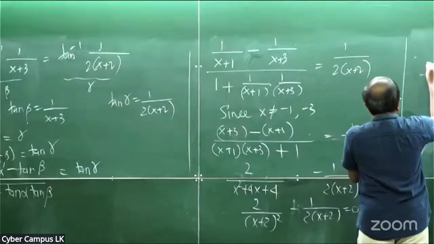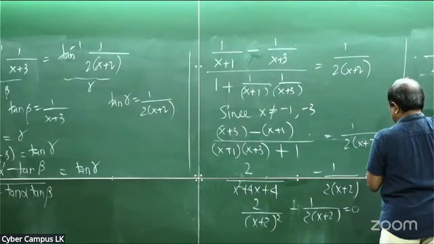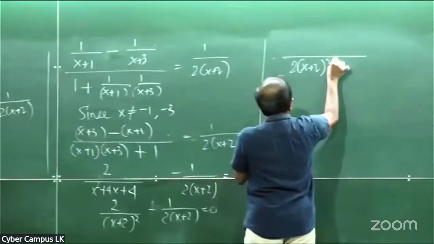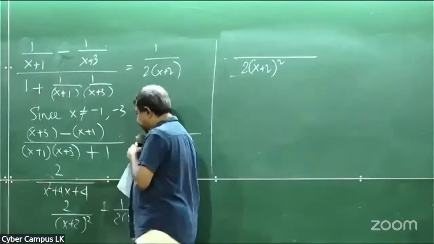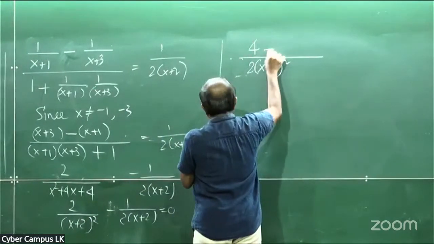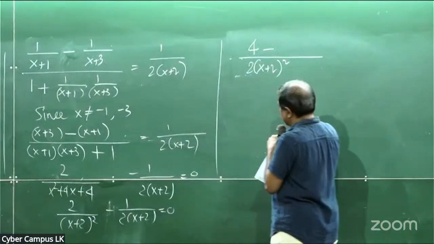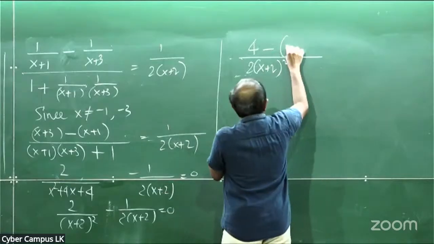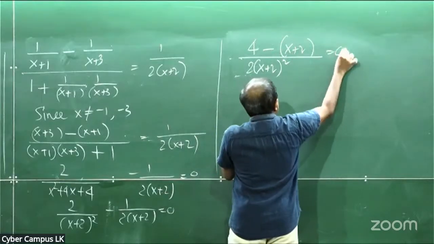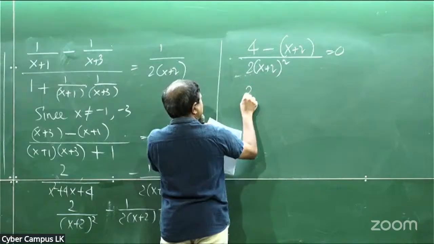Now it's not a big deal. We'll take the common denominator. Now here this is multiplied by 2, so upstairs is multiplied by 2 as well. Here this is multiplied by x plus 2 in the downstairs. So this is 2 minus x.